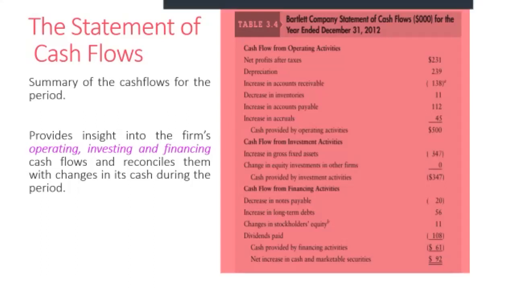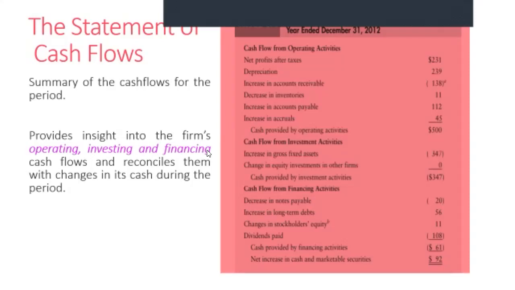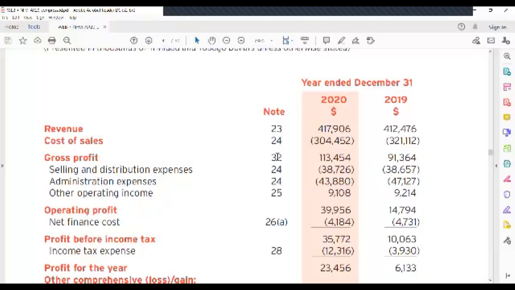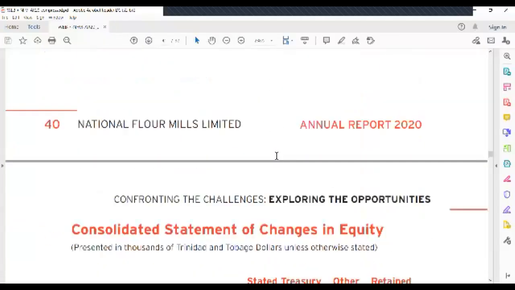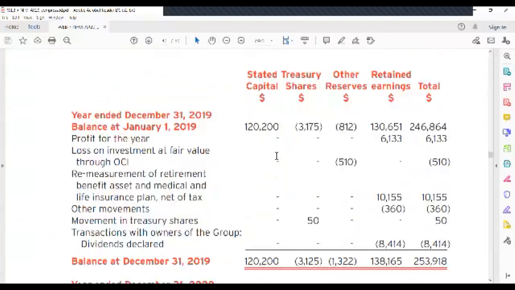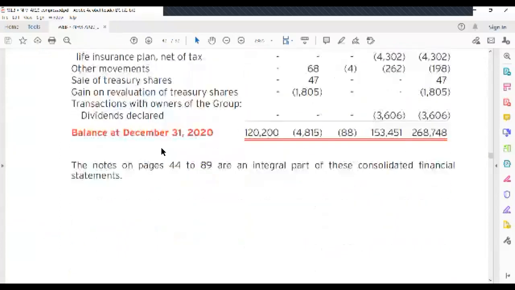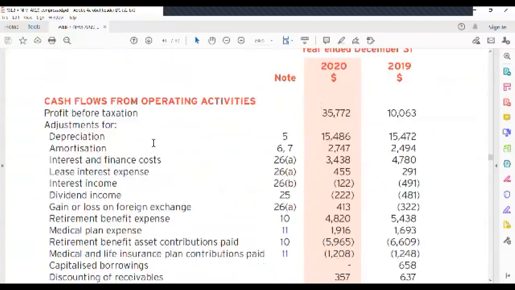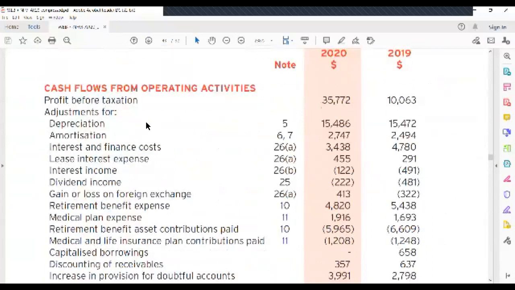Let's briefly take a look at what NFM has here. Right, so this is the changes in the stockholders' equity. You see, it starts with the profits and so forth, right? Cash flow from operating activities.